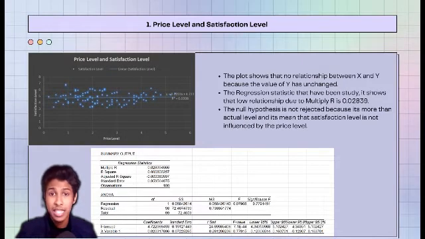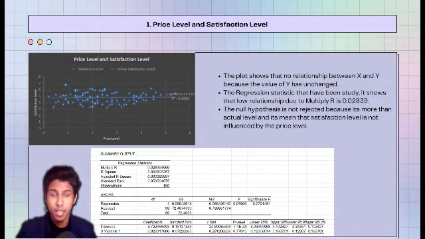So for the price level and satisfaction level, the intercept shows approximately 4.723 and the slope is 0.0203. It demonstrates that the satisfaction level is 0. The plot shows no relationship between x and y because the value of y has not changed.